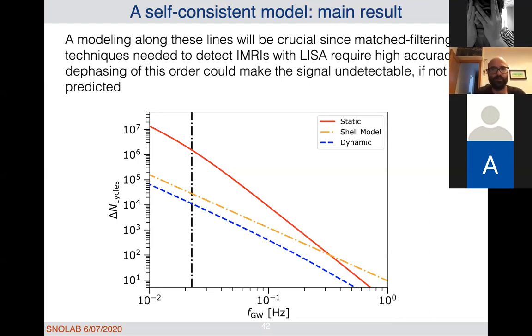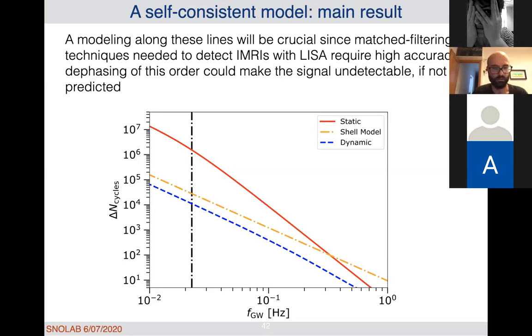If your template bank does not include this effect, you have the possibility to miss this relevant signal, because the physics associated to this effect is not encoded in the templates.